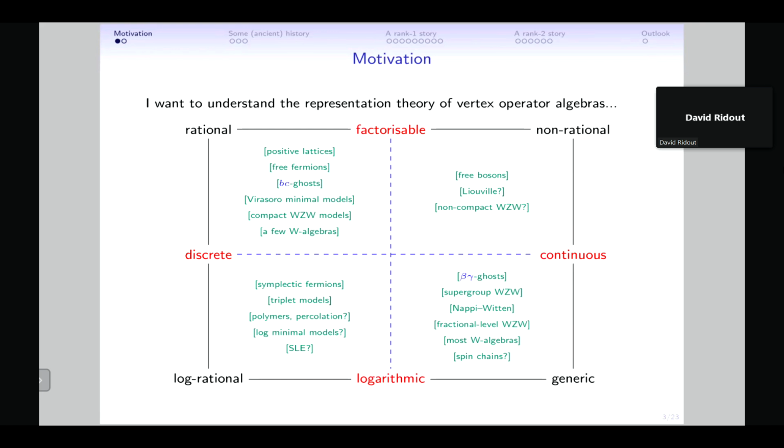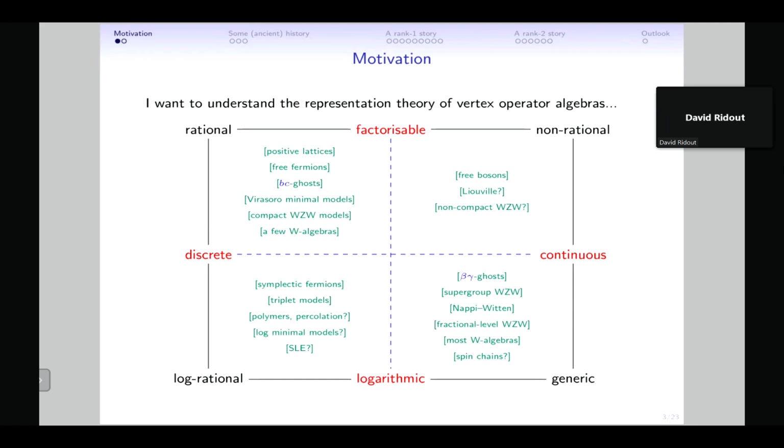I would describe both of these as being factorizable, which probably doesn't mean what it means in some parts of mathematics. All I mean by that is that when you write down the state space of the corresponding conformal field theory as a representation of the tensor product of two copies of your VOA, then it decomposes as a direct sum of irreducibles.